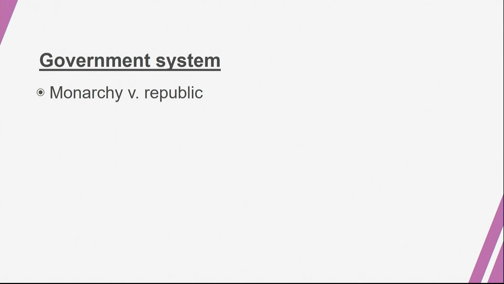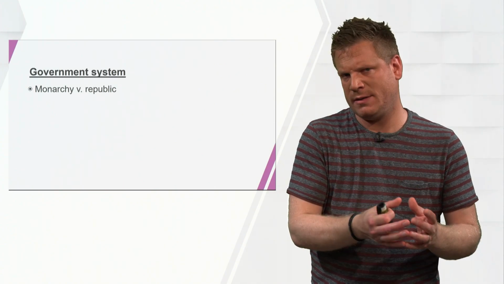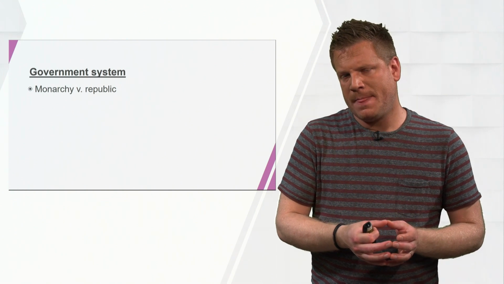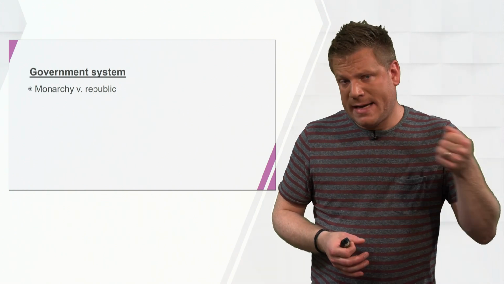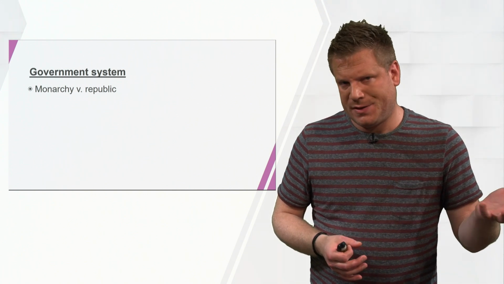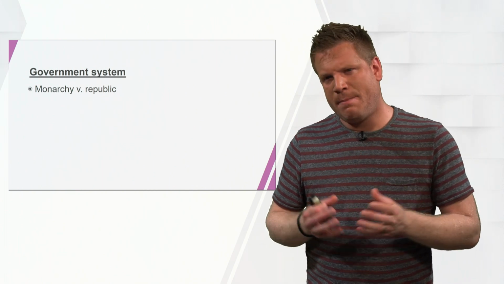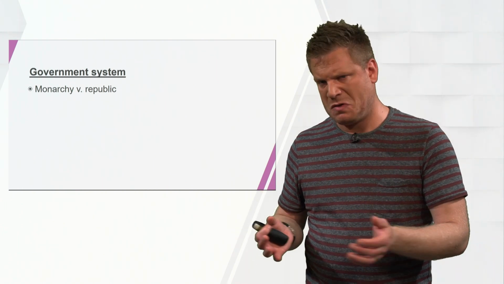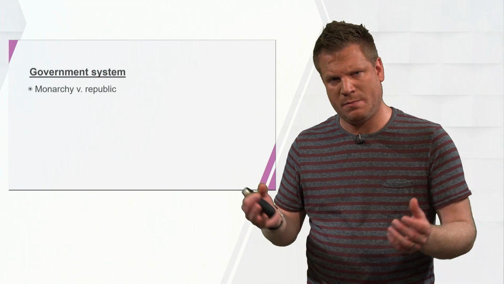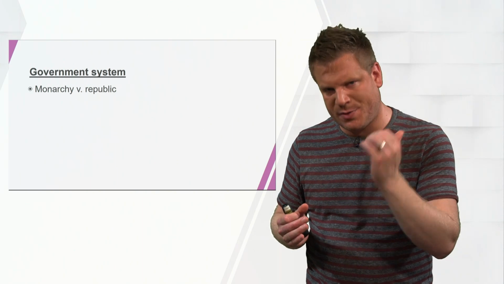In case of a monarchy, power is vested in one person or maybe one institution, and that's about it. That could be a king or an emperor, for instance, or maybe even a dictator. In case of a republic, power is vested in a bunch of political institutions, could be a parliament, could be a combination of different chambers and so on, and it is headed by a president.